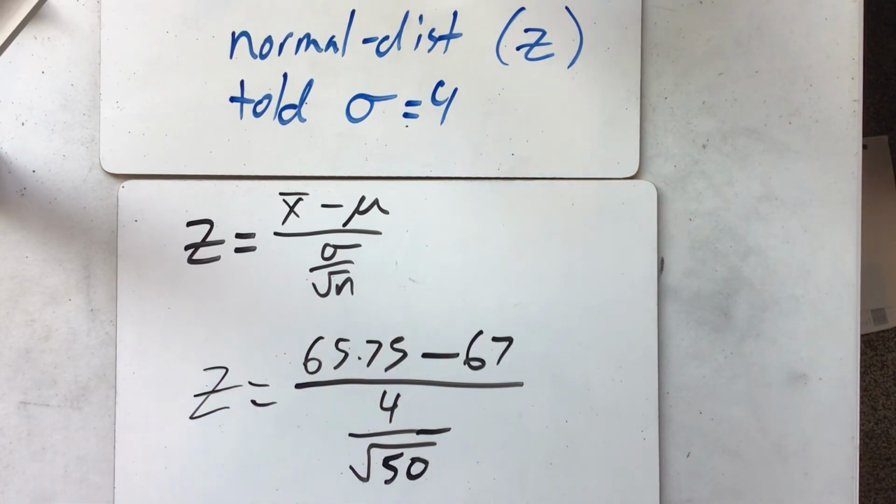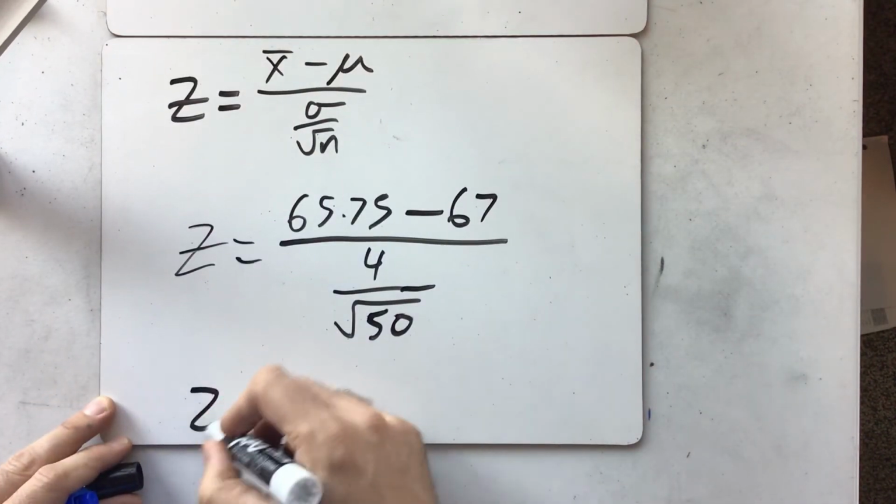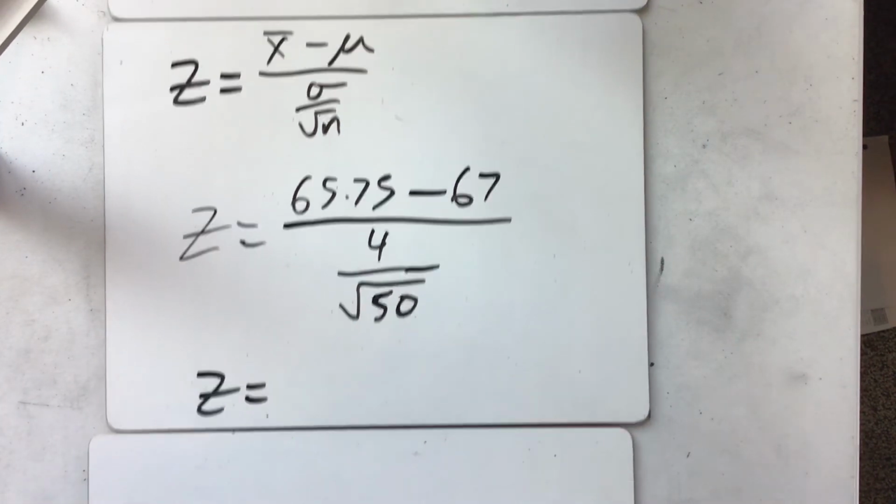All right, so now we're going to want to plug all of this into our calculator and come up with a number. This can actually be quite tricky, so be careful. Let me write a few things that I see people do on their calculators that are going to give them wrong answers.